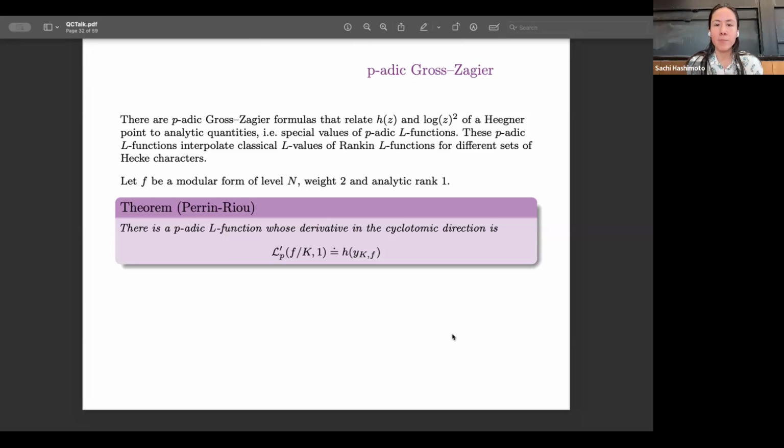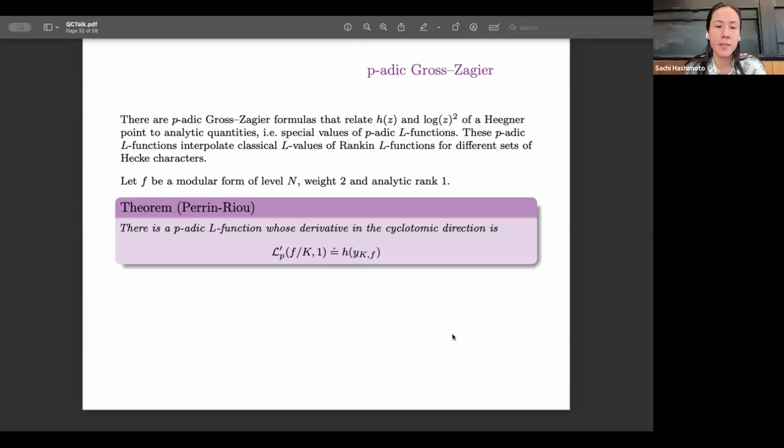These p-adic Gross-Zagier formulas relate p-adic invariants of Heegner points to p-adic analytic quantities, so special values of p-adic L-functions now. A p-adic L-function is something that interpolates special values of classical L-functions. In particular, these ones interpolate classical Rankin L-functions.